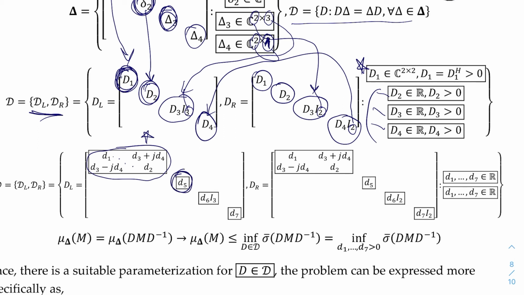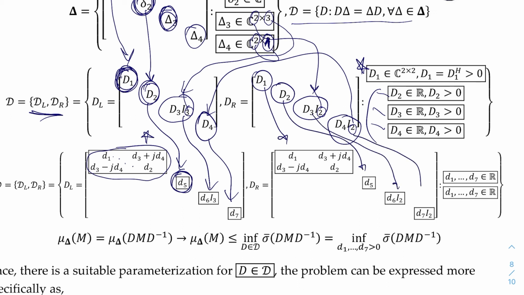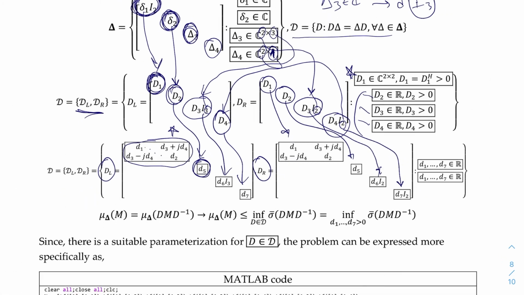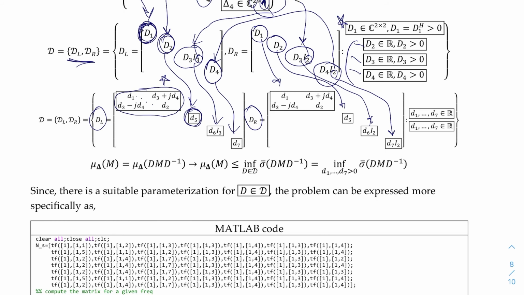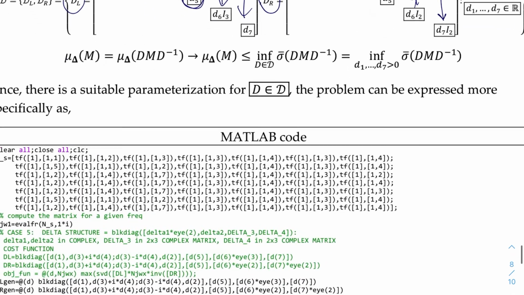And the next variable that we would use would be D5, and D6 and D7, and just following the same operations, we have DL and DR parameterizations, right? It is nothing complicated actually. Just follow the rules, right?